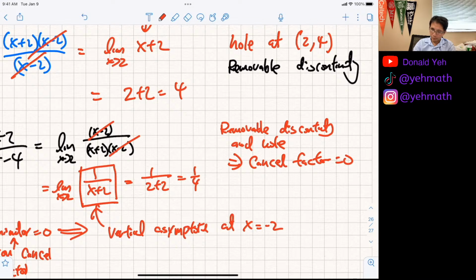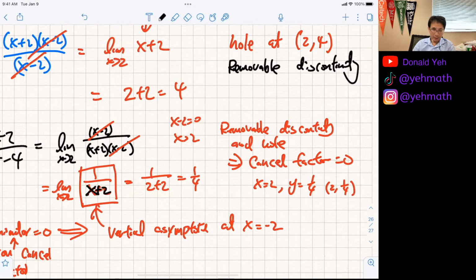The canceled factor is x minus 2 equal to 0, so x equals 2. Therefore, at x equal to 2, y is equal to 1/4 after you evaluate the limit. So (2, 1/4) is going to be the removable discontinuity or hole. Now the rest here, the x plus 2, I'm going to label in black. This is going to be a vertical asymptote. It's after you cancel.